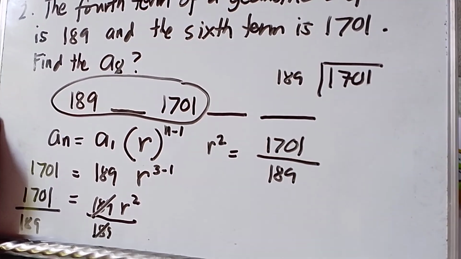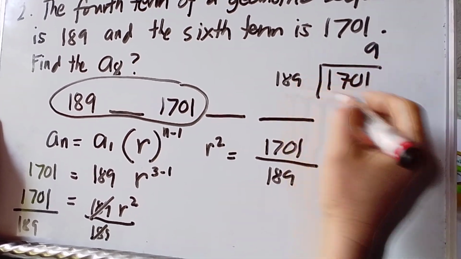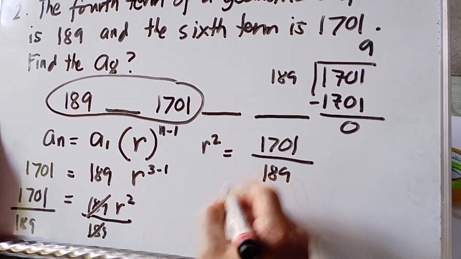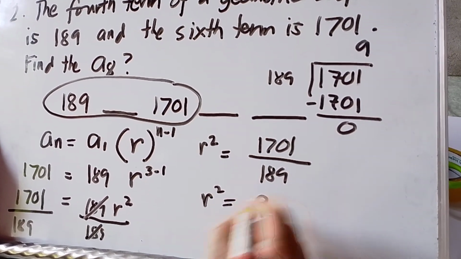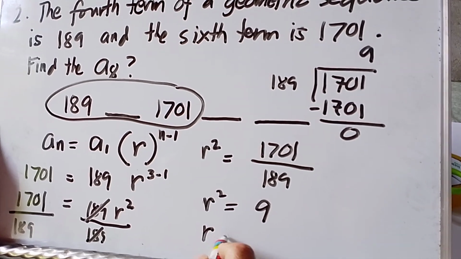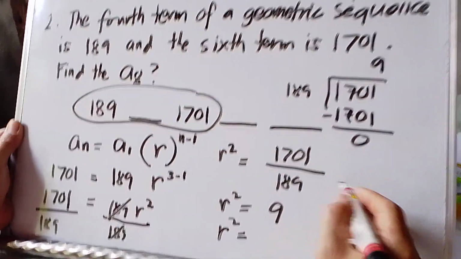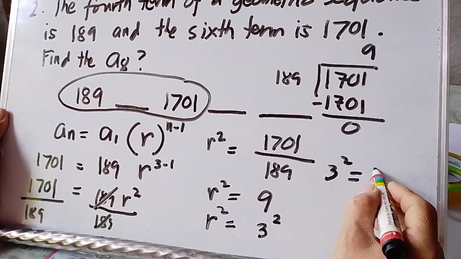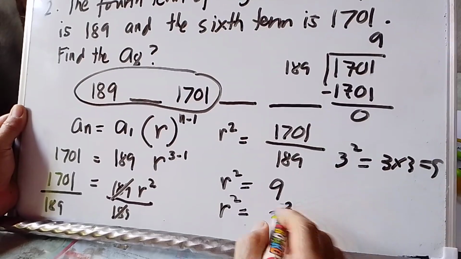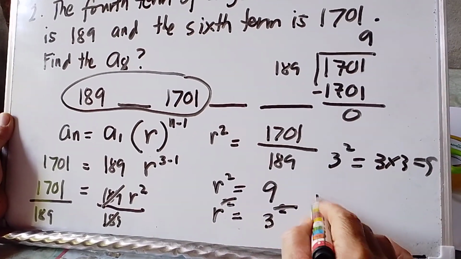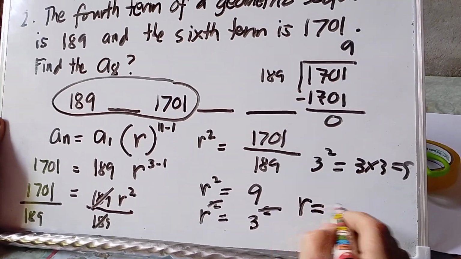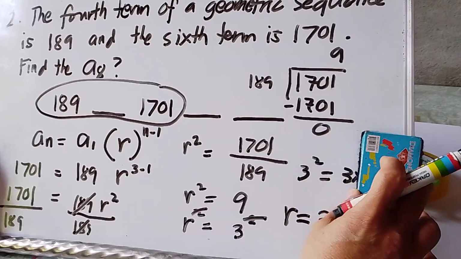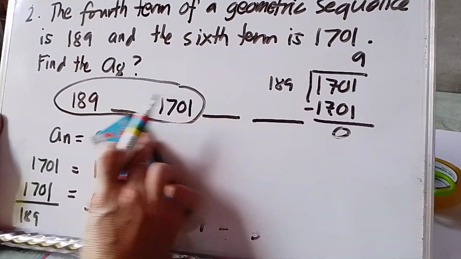So 9 times 189 is 1,701, and the remainder is 0. Therefore, r squared equals 9. And we know that r squared will be 3 squared, because 3 times 3 is equal to 9. So r equals 3. I have now my ratio, which is r equals 3.